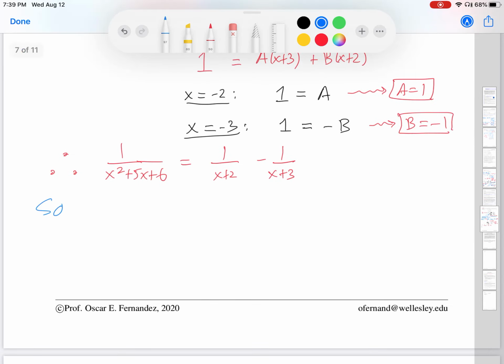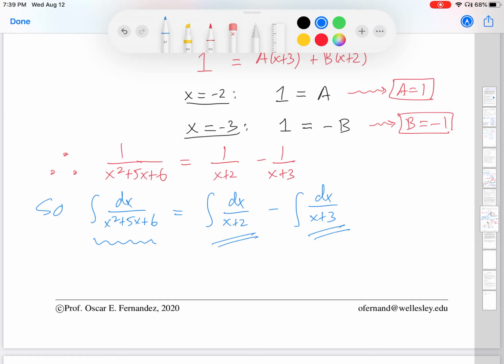And I would say, if I go back to the original example, we integrate 1 over x squared plus 5x plus 6. I can now split that up into these two integrals. And this is really the utility of partial fractions, right? I did not know how to do that integral before, and now this and this are two integrals that you might recognize in terms of the natural log.